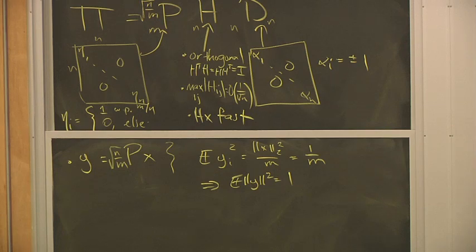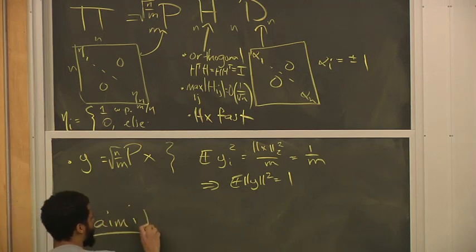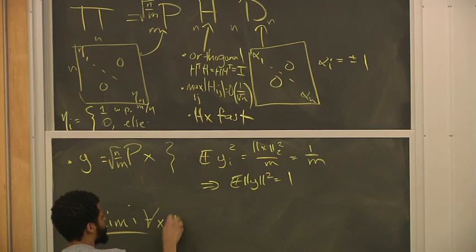The way that Ailon and Chazelle analyzed things is they had the following claim. For any x, let's say x has unit norm.